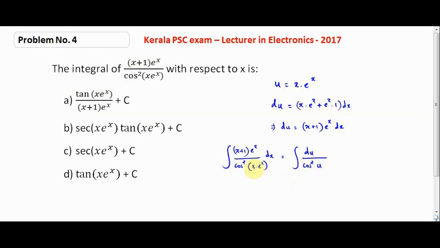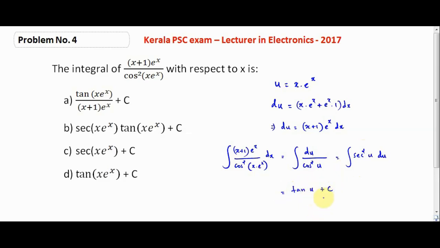We are replacing x into e raised to x with u. So this will be equal to the integral of sec square u du, since 1 by cos square u may be replaced as sec square u, and the integral of sec square u du will be equal to tan u plus c.